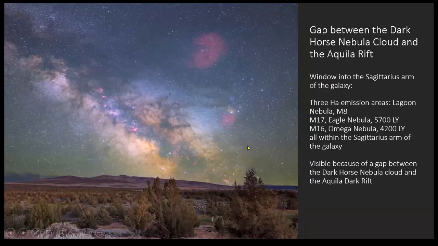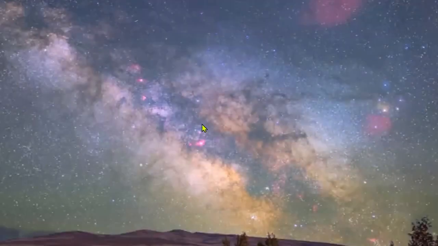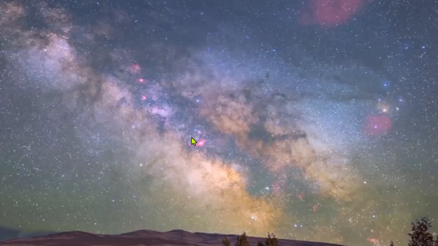And what I thought was interesting too, in looking at the Dark Horse Nebula and the Great Aquila Rift, is there's a little bit of a gap between those two dark clouds. Okay, and that affords us a view of certain nebulae that are in the spiral arm closer to the middle of the Milky Way than in the Sagittarius arm.